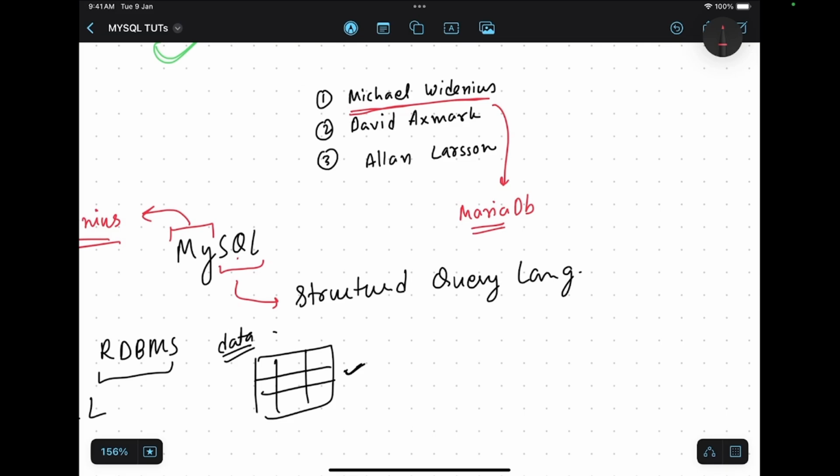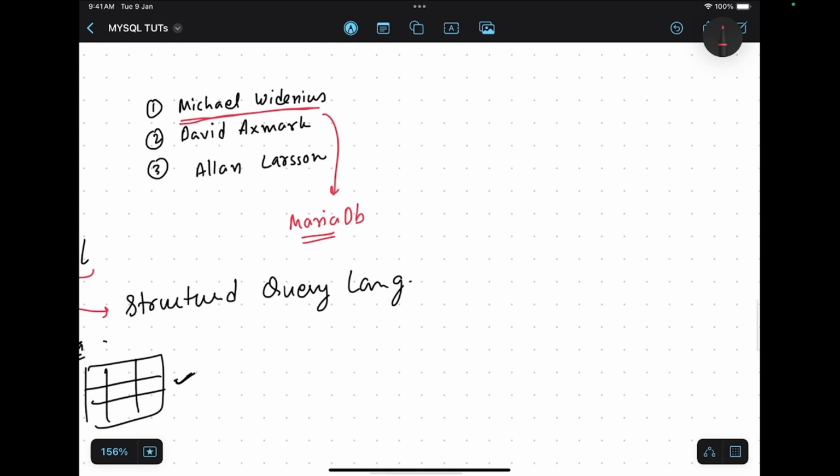Maybe there would be a fight between their daughters, that My would be teasing him across the years that you have created a whole database management system on the basis of My, so why are you not creating one on my name? Then I think he created another database which is called MariaDB. It's also quite famous.